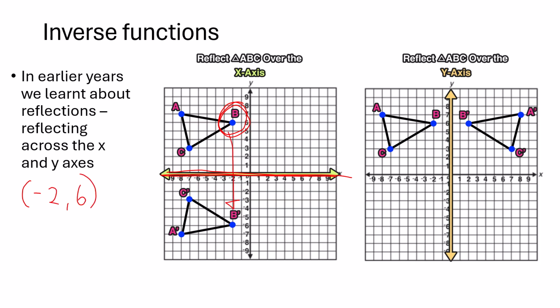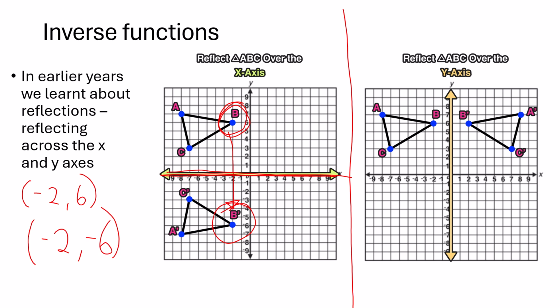When it is reflected across the x-axis, it goes to -2, -6. So you can see that the change that we've made in those coordinates is that we've had to make the y from a positive to a negative. We've changed the sign of it.